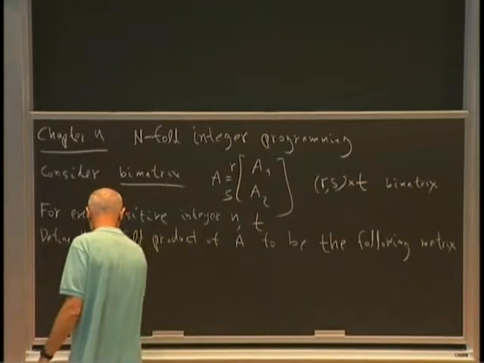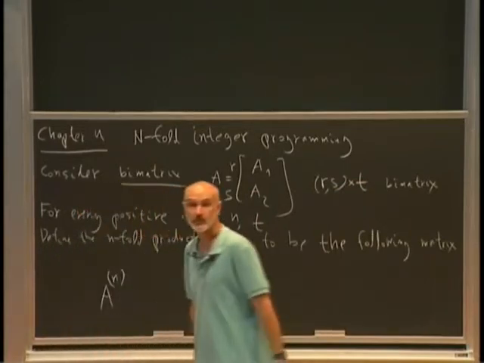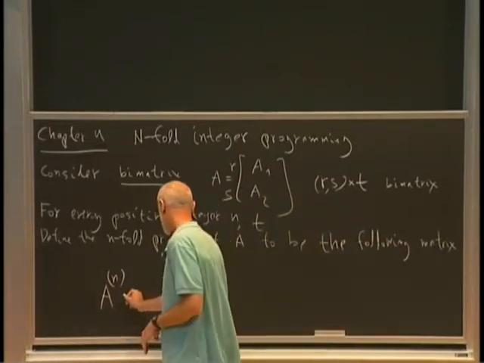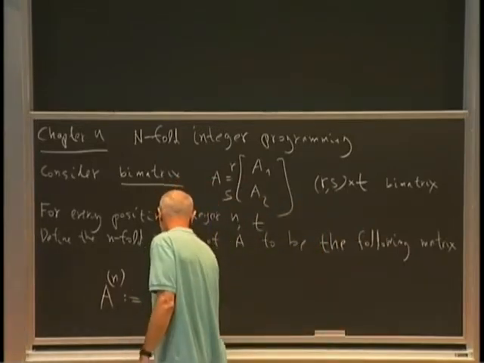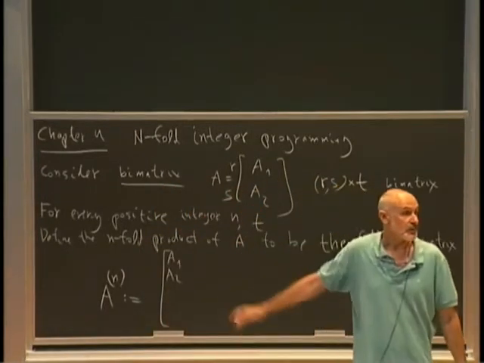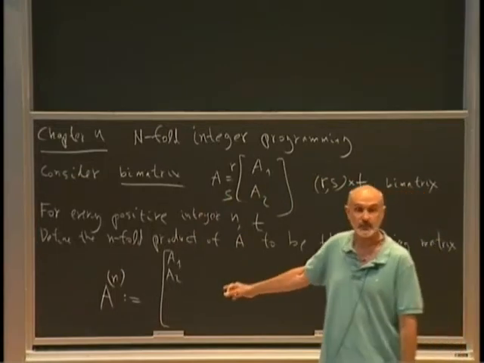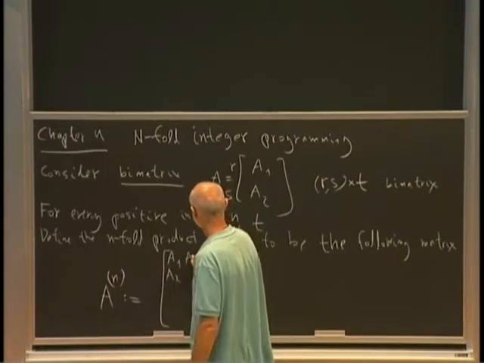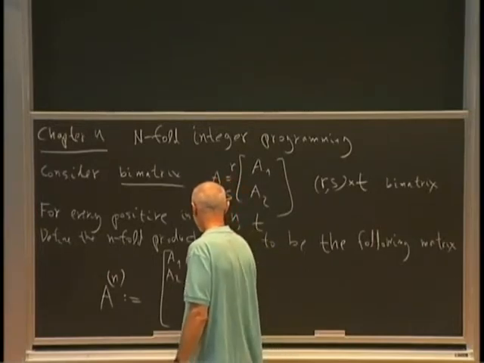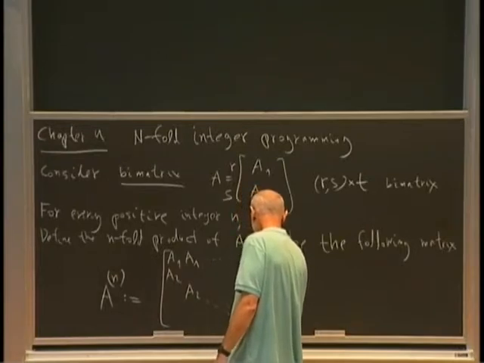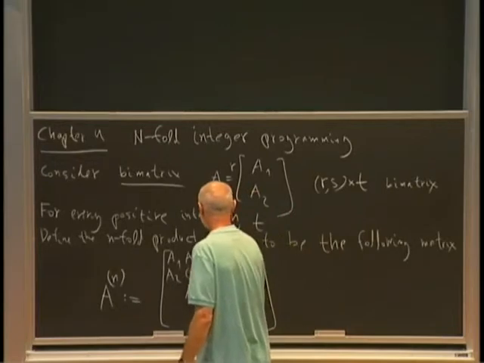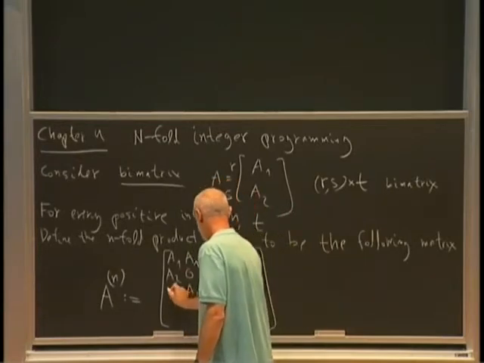We denote it with superscript, in round parentheses, n. It's a big matrix. Up here we put the original bimatrix, so the two blocks, and then we copy the first block horizontally n times, and we copy the second block diagonally n times. We fill the rest of the blocks with zeros.